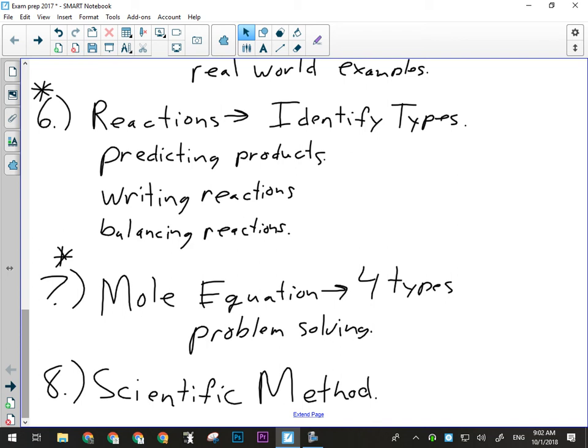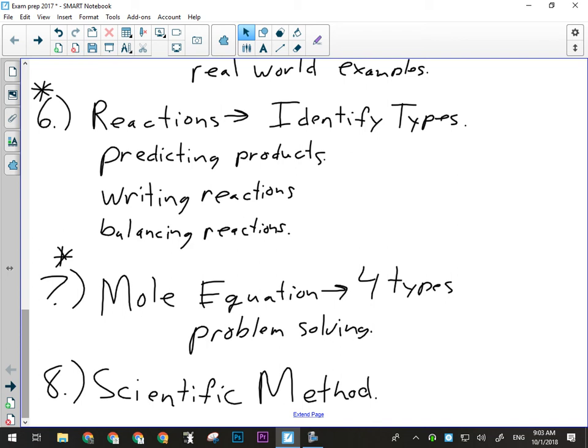And guys, when I give a question, I always boldface and italicize the important things. So it says, write the equations with formulas of the reactions below. Identify what type of reaction, that's in bold, is occurring, in bold. Predict the products, in bold. Balance the reaction. So make sure you're reading the question carefully so you don't forget to do something that's worth marks.